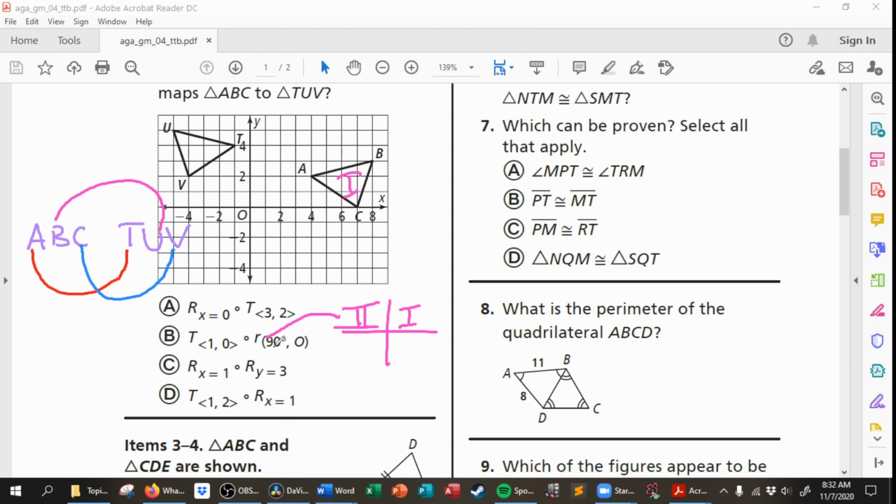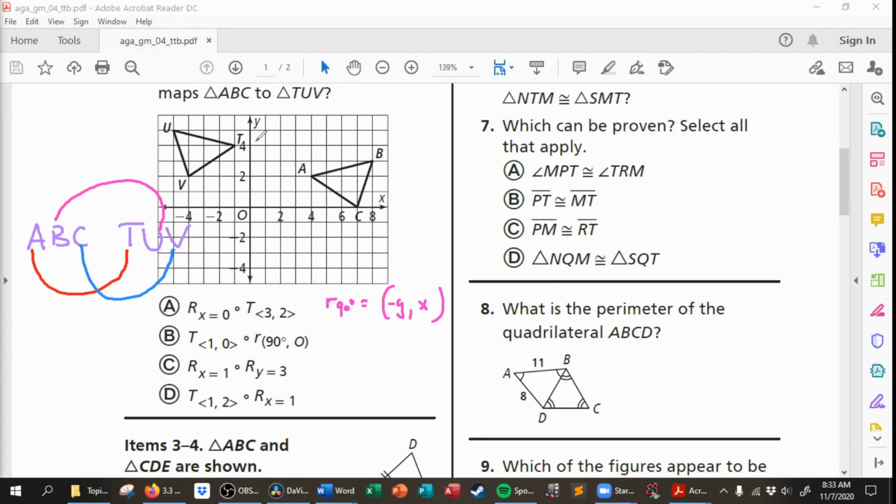If B mapping onto U works, then we are going to have to test the other 2 points to see if they work. So remember, the rule to rotate 90 degrees is that, I believe.